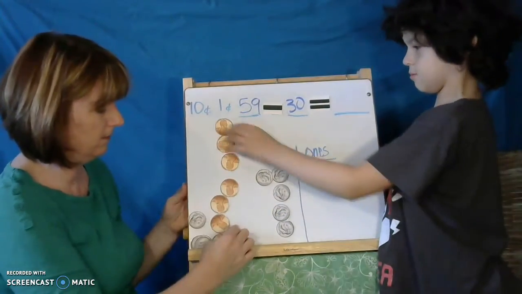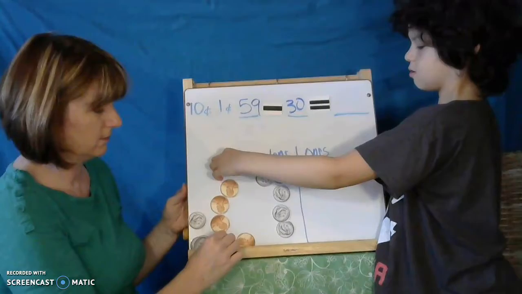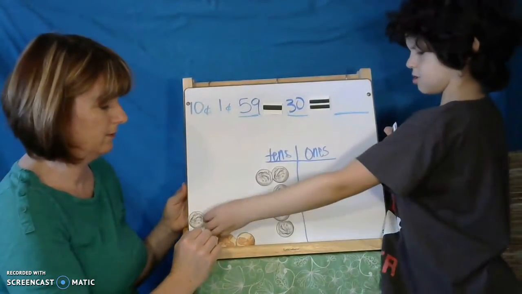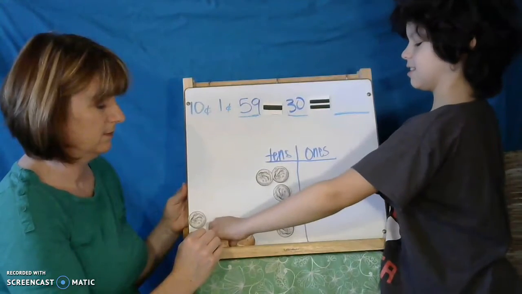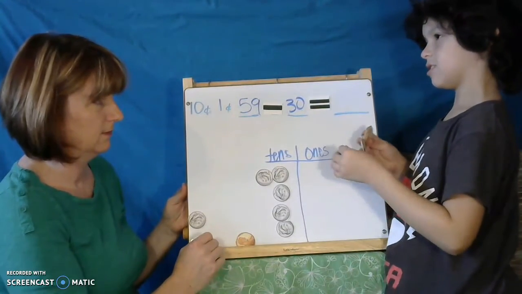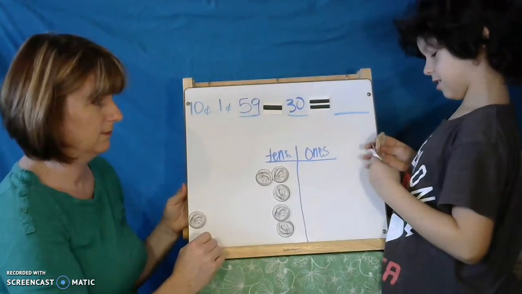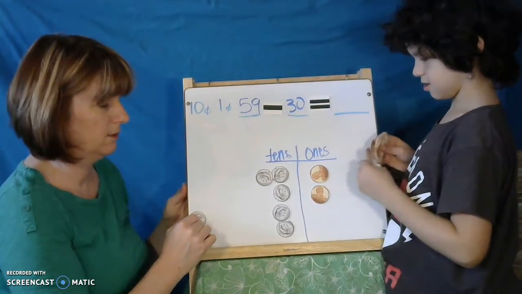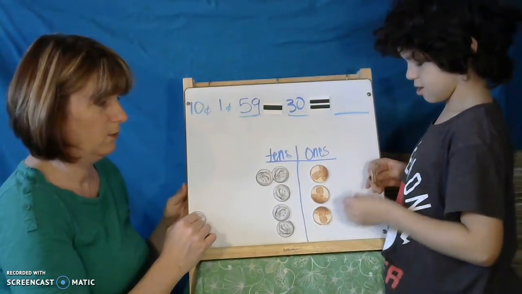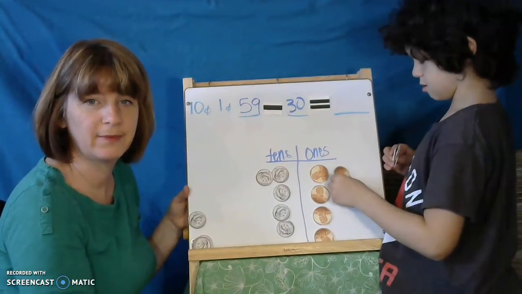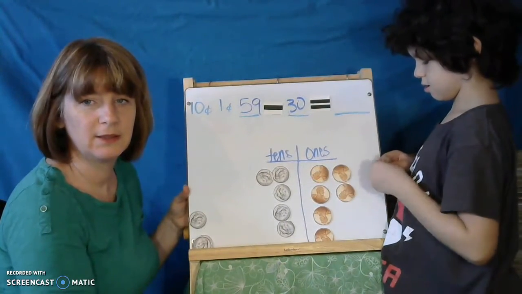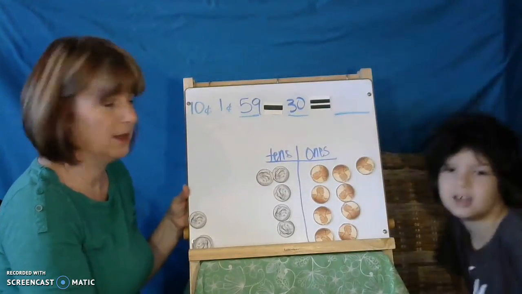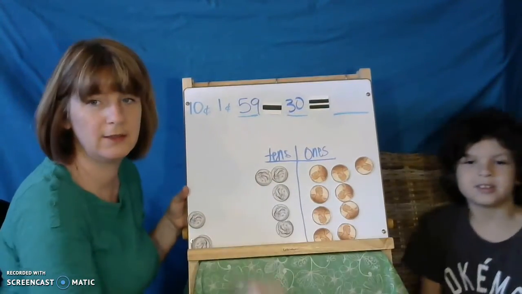Now we need to make 9 ones. 1, 2, 3, 4, 5, 6, 7, 8, 9. Okay, go ahead and put them up there. Now we have 59 cents.